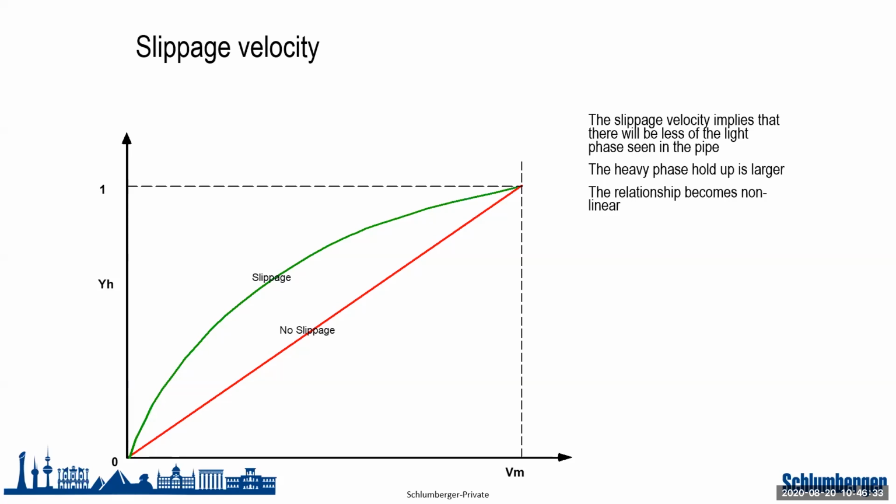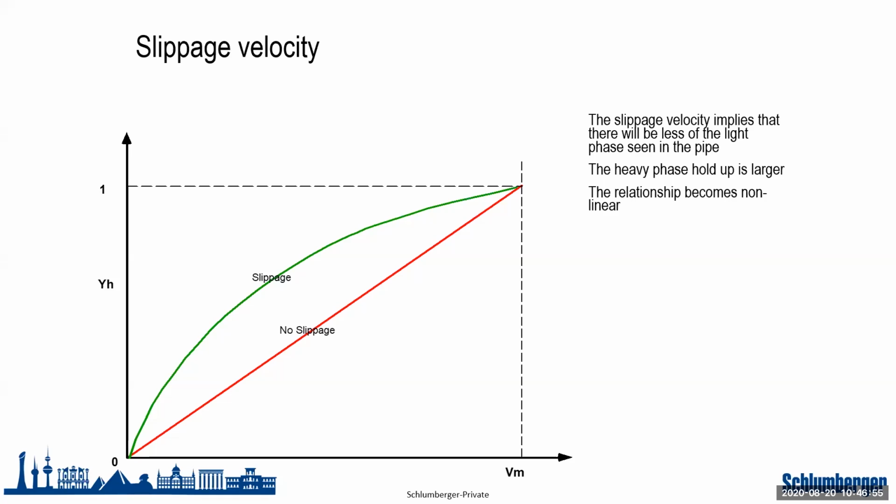So you can see over here, holdup is also going to be affected by slippage. If there was no slippage, the holdup of the heavy phase would be linearly dependent on the velocity of the mix. But in reality, this is not what happens, due to slippage. We don't have a linear relationship between the velocity of the mix and the holdup of the heavy phase, okay?